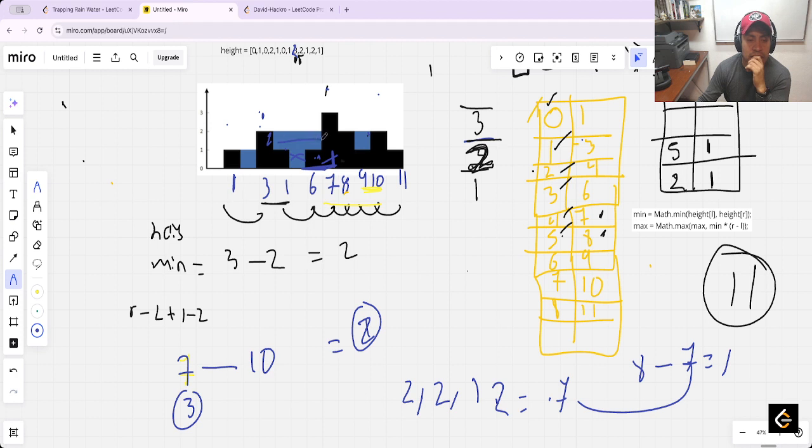How do I mark this element? I need to move this element here. Yeah, because I counted it, but never at any moment.